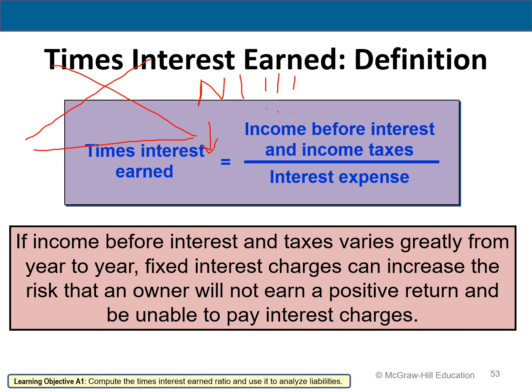So there's this times interest earned ratio that takes income before interest and tax and divides it by total interest expense. If income before interest and tax varies greatly from year to year, fixed interest charges can increase the risk that an owner will not earn a positive return and will be unable to pay their interest charges.